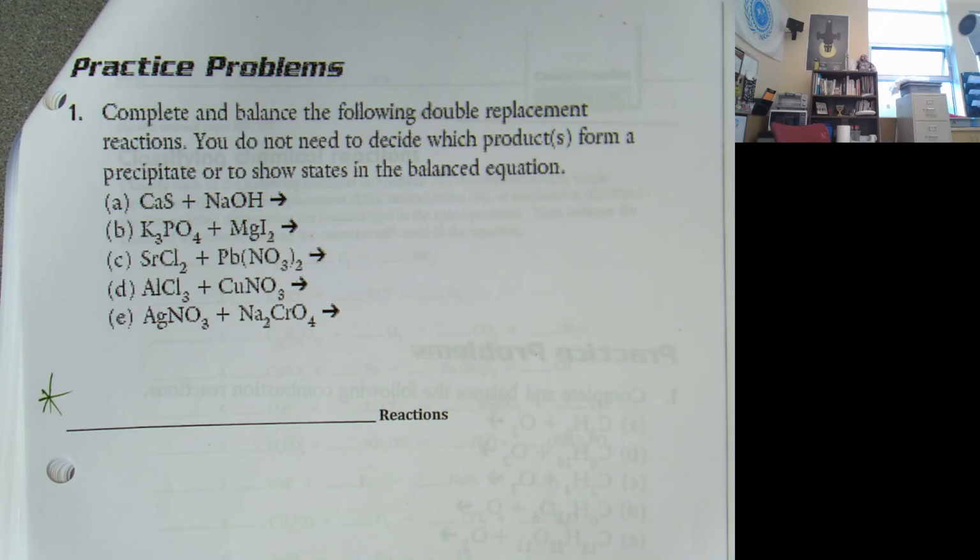Calcium is 2, OH is 1. Got to balance the charge properly. Okay, if you want to pack up now, you can. Bell goes in 45 seconds.